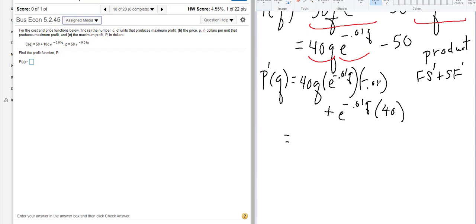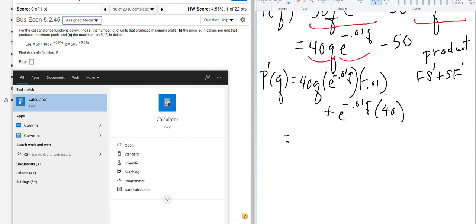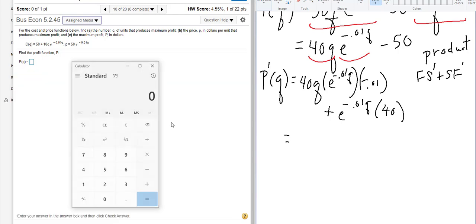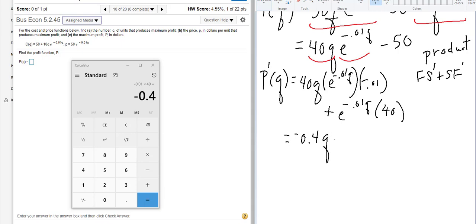If you multiply negative 0.01 times 40, we get negative 0.4Q e to the negative 0.01Q plus 40 e to the negative 0.01Q.